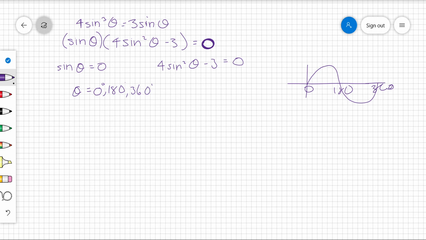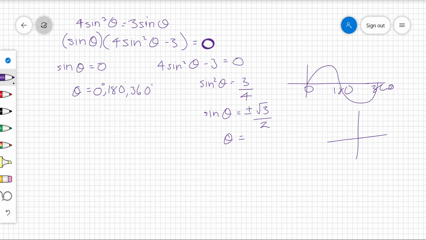For the other one to work, we could add 3 to that side and then divide by 4. And just remember, when we square root, we get plus or minus, and we get root 3 on 2. Now, this is between 0 and 360, and it's plus minus, so we're going to get 4 answers because we want all quadrants.